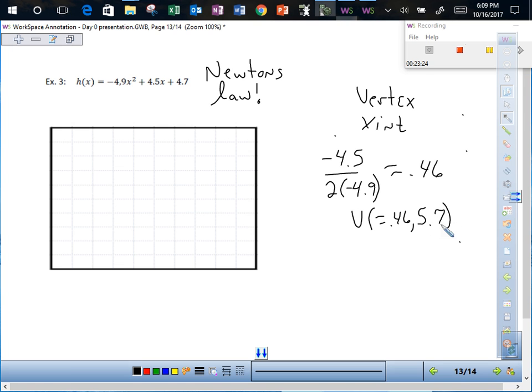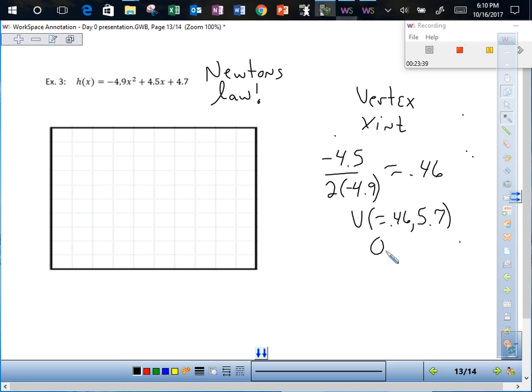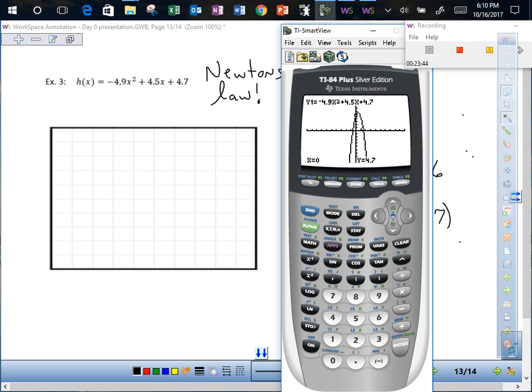So I need to make sure it covers at least that. Some other things that I need: the y-intercept. So trace 0. So I need to make sure I get 0 and 4.7 in there. The other thing that I need is the x-intercept. So let's go second, calculate, intersection.